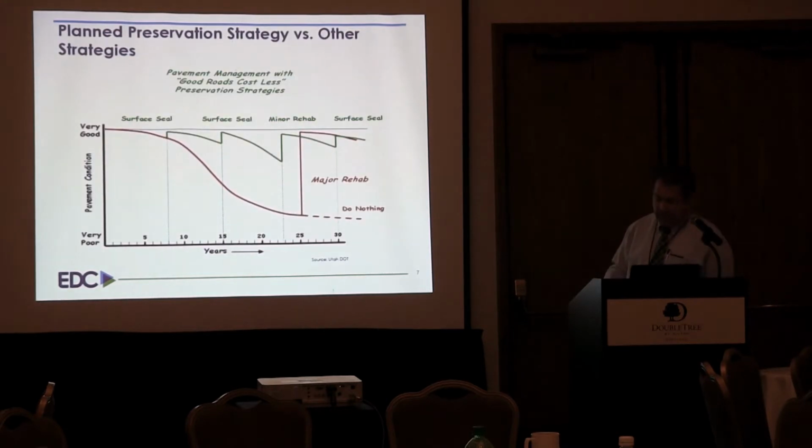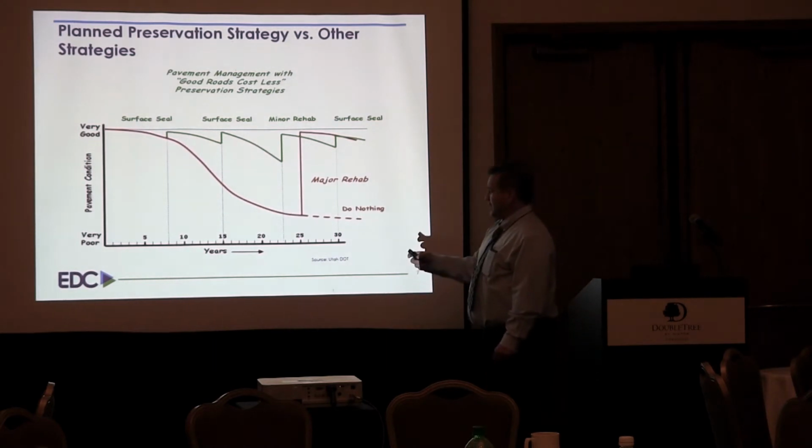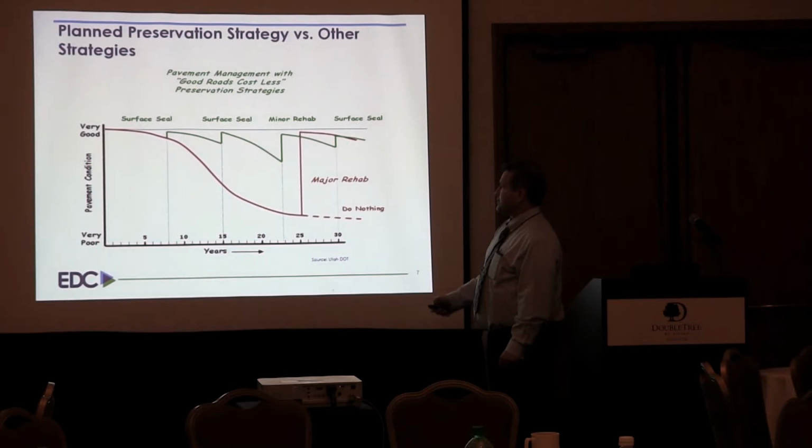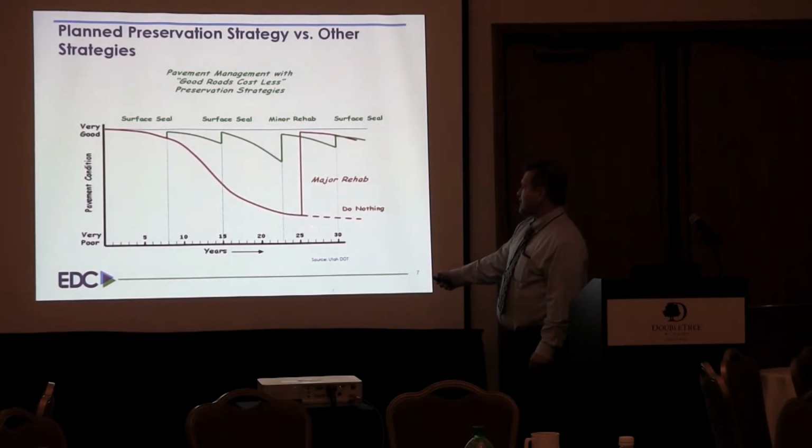We also have this curve that shows what a department or agency wants to look at. On a normal pavement project, if they do not do any kind of treatment, they're going to get this kind of curve. Then at 25 years, they're going to have a major rehabilitation project that will exceed the cost.